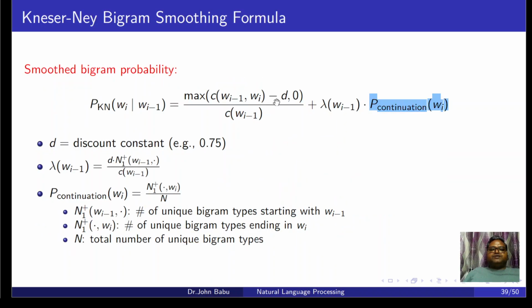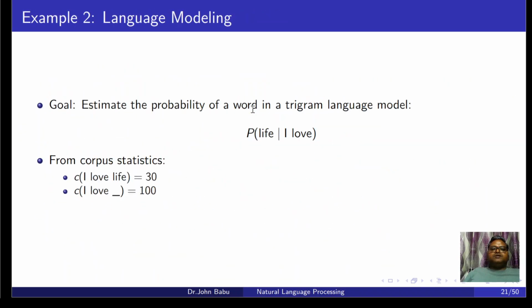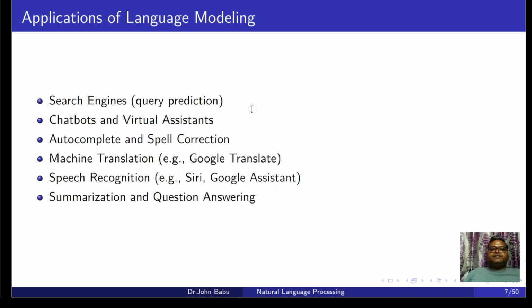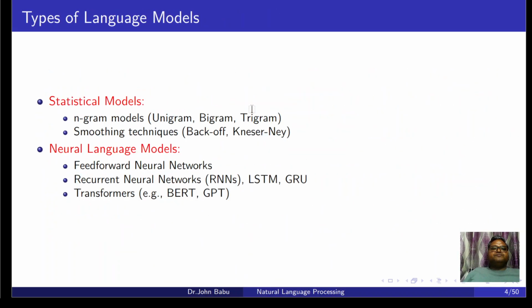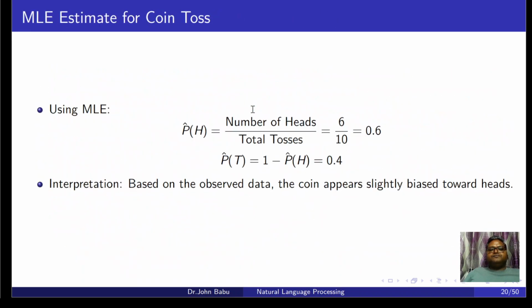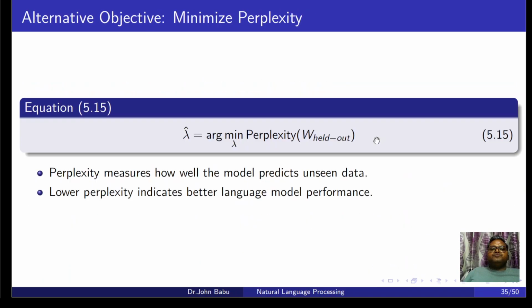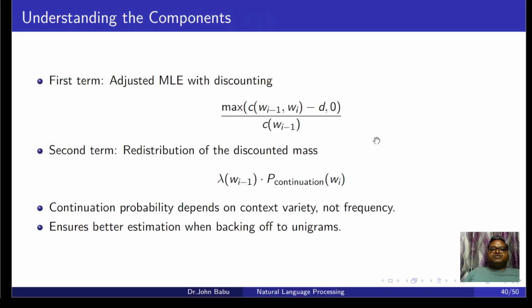The first term is the maximum likelihood, the count. If you remember how we calculated the maximum likelihood: the count of the trigram by the total count of the bigram. The same thing here, but with the discount factor.